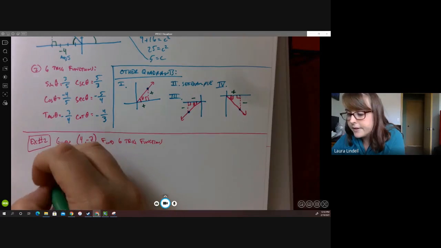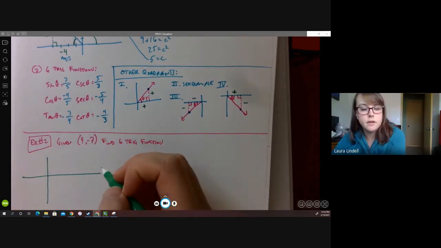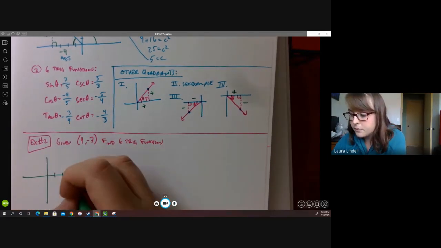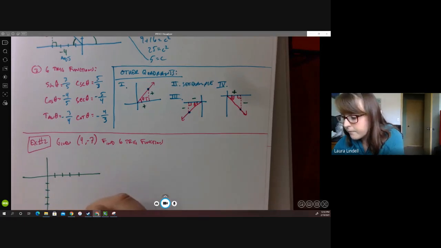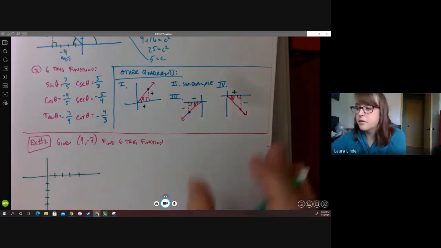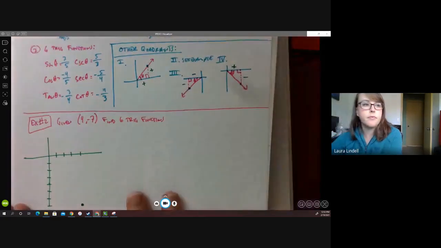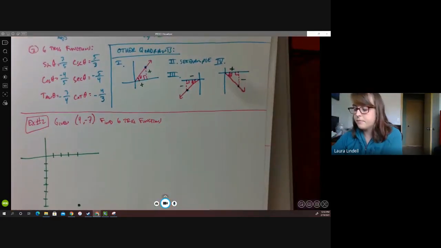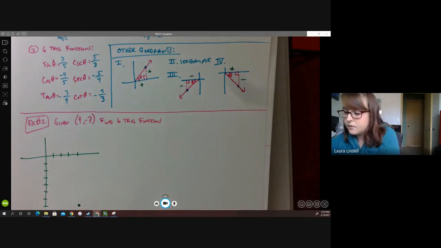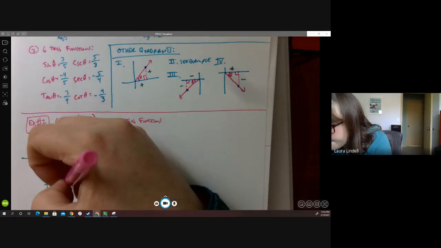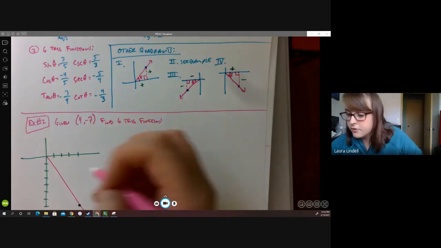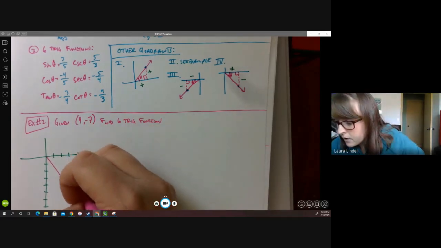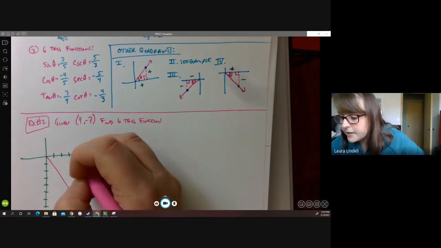So first thing, draw your picture. We're going over 1, 2, 3, 4, going down 1, 2, 3, 4, 5, 6, 7. Puts us way the heck down there. Okay, so when we draw our triangle then, again, we're dropping the line to the x-axis.